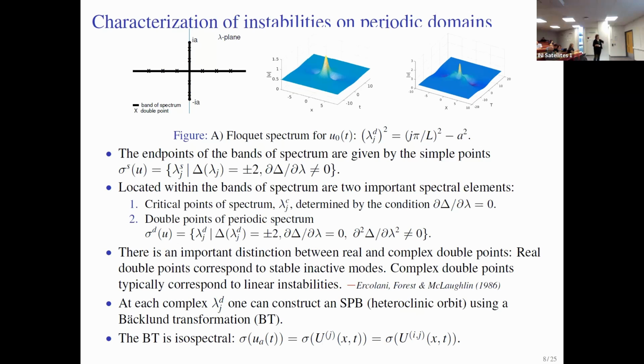We just said you could construct these SPVs by a Bäcklund transformation. So what you're doing is you're basically building them off of the information gathered from the eigenvalues, the unstable complex double points lambda 1 and lambda 2. And so the important feature of this transformation is that it's isospectral.